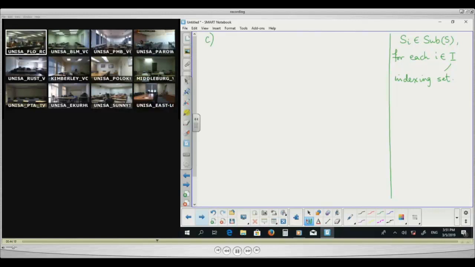So over here, your indexing set was the reals, right? Here your indexing set was R3. So you see, it can be very, very different, right?